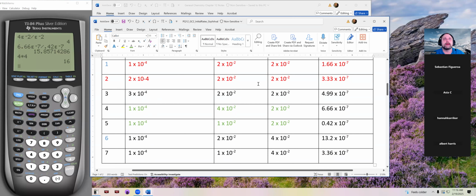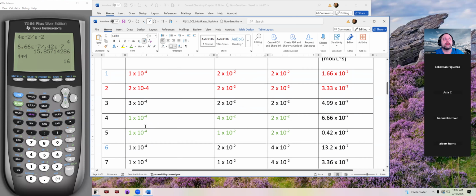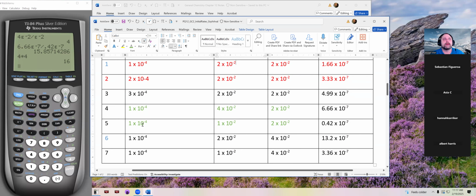If I had this as 1, 1, 2, this number 5 and number 1 I could compare, because we can see that in number 1 I had 1 in this first column, and then number 5 I had a 1 times 10 to the minus fourth.